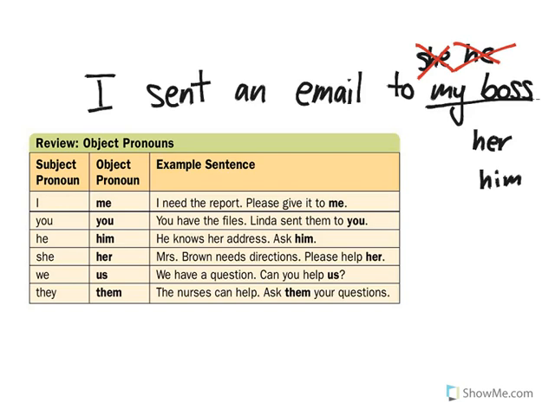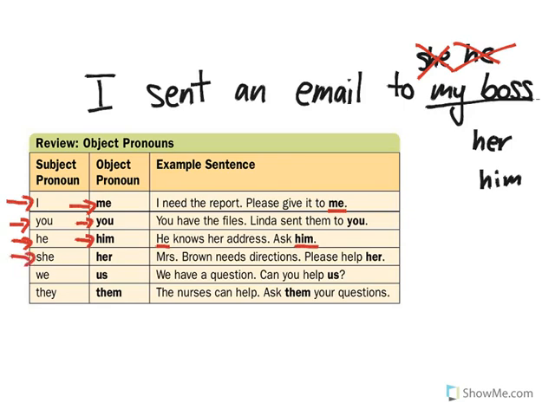Here are some object pronouns. If it is the subject, you would say I, but as an object, you change to me. I need the report. Please give it to who? To me. You, luckily, you don't need to change you. It's the same in both subject and object position. He can be the subject, but when it's the object, it must be him.